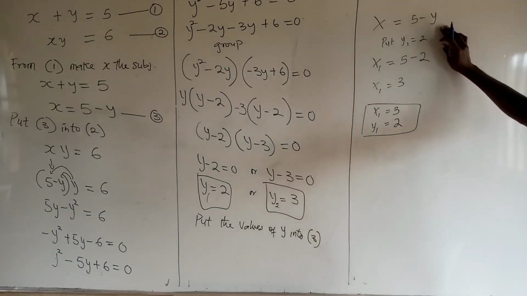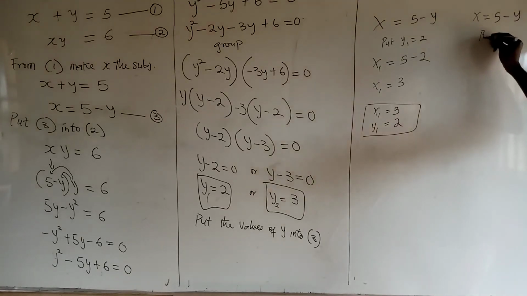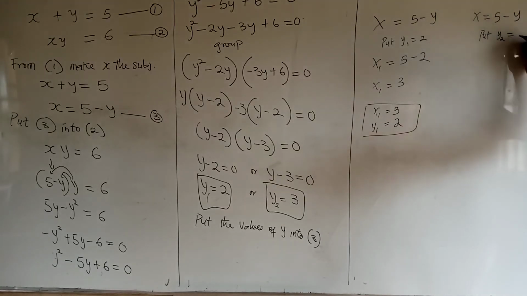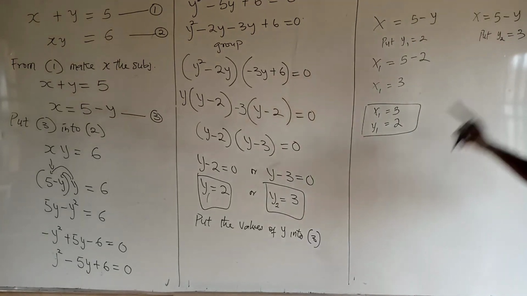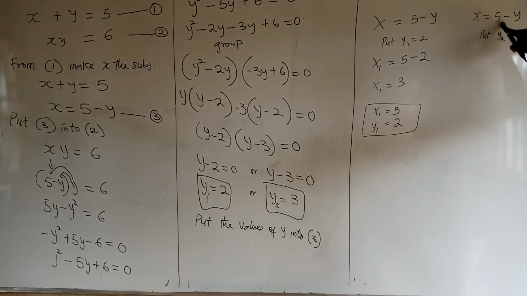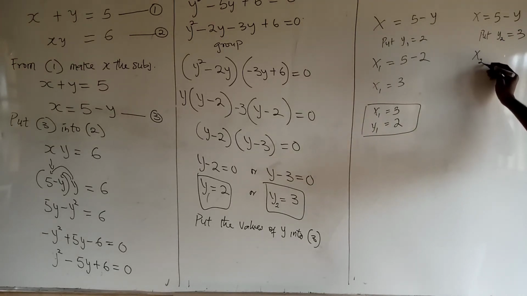So we do the same for y2. For y2, we have x is equal to 5 minus y. We put y2 into the equation. We have y2 to be 3 from our solution. So if I plug in y2 to be 3 into this equation, I'll have a corresponding x2, which will be 5 minus 3.